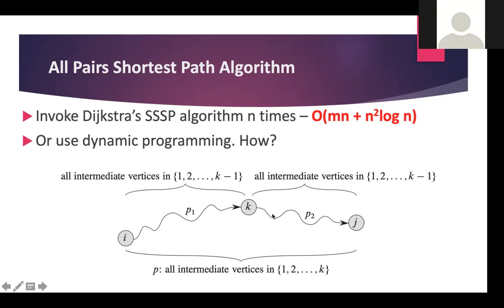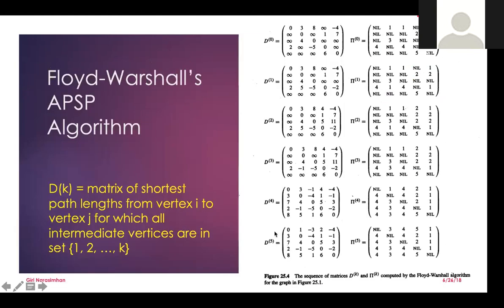So using this picture, we can now design the algorithm in a fairly systematic way. We're going to build these matrices, which we will call D superscript k, as shown in this picture here, where D superscript k is the set of all shortest path lengths between every pair of vertices.